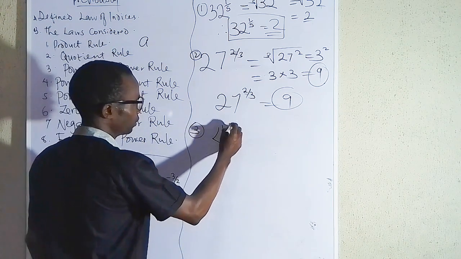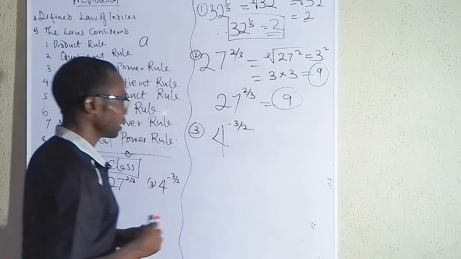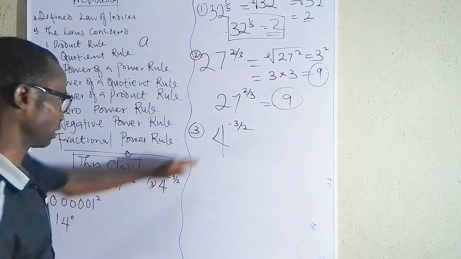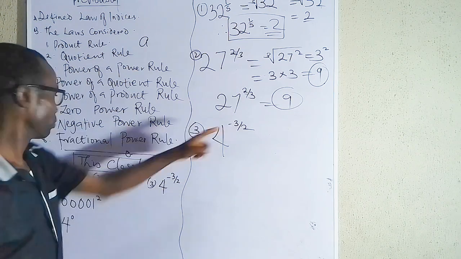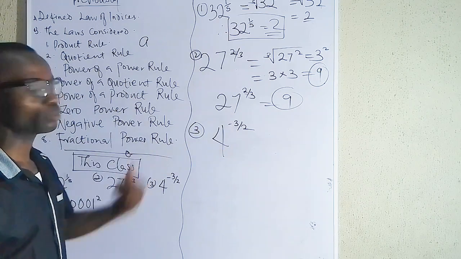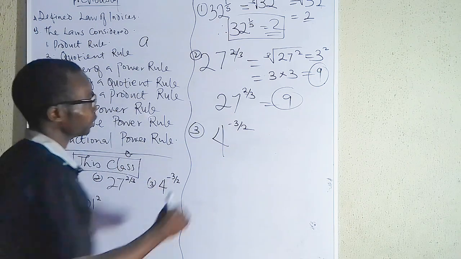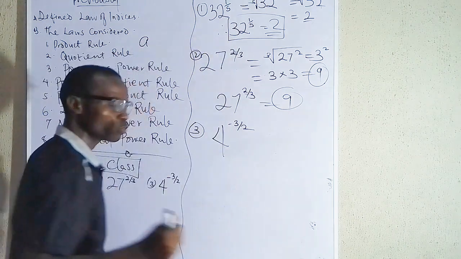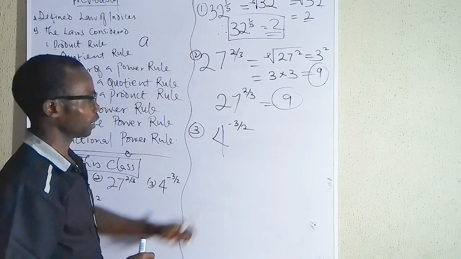Now, the next question, if we have the time, is 4 raised to the power of minus 3 over 2. Now, this is a negative. It's still the same thing. Negative power rule, negative fractional power rule. And there's a rule that says that if you have it, it's going to be reciprocal.